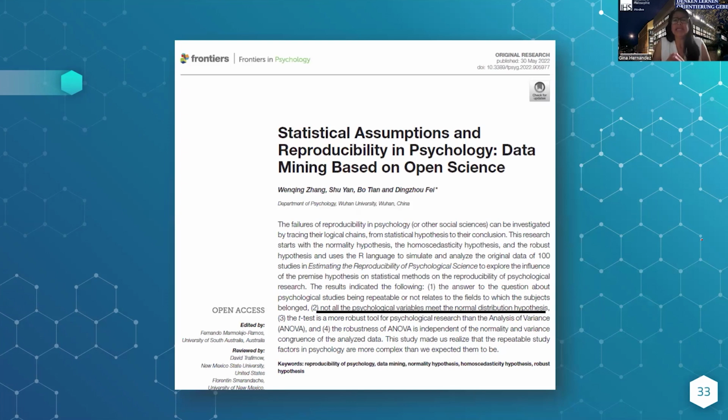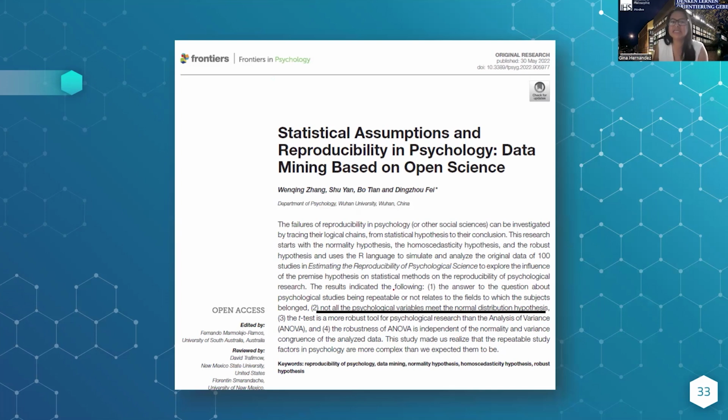Okay, so we are already finishing this session today. Just to close it, statistical assumptions are really, really important if we want to look into the reproducibility in psychology. If we want to have valid research, we need to care about these things.